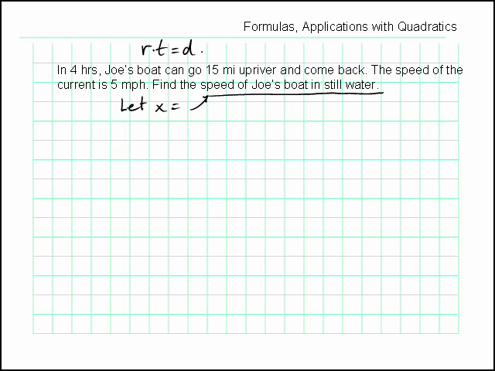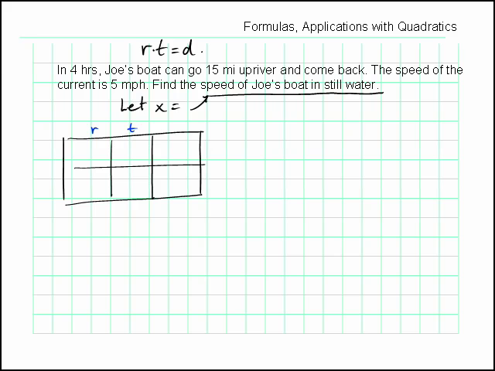All rate, time, distance problems can be solved with the help of a 6-box chart like this. Rate, time, distance. We have two things occurring here. We're going upriver and we're going downriver. Now, if you go upriver, the current will slow you down.